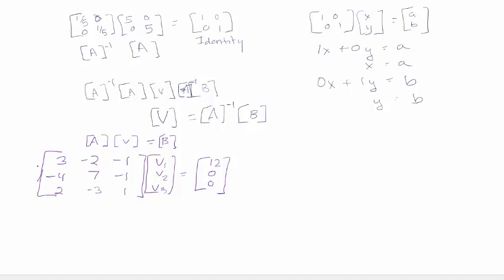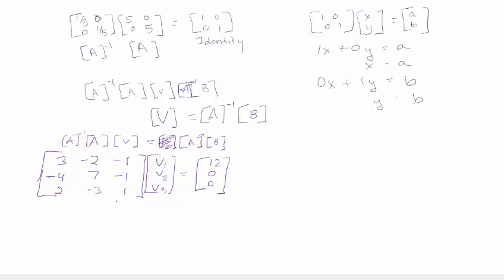So I'm going to multiply both sides, order matters, both sides by A inverse. And I'll have a solution for V. So let's show how to do that in a math program.